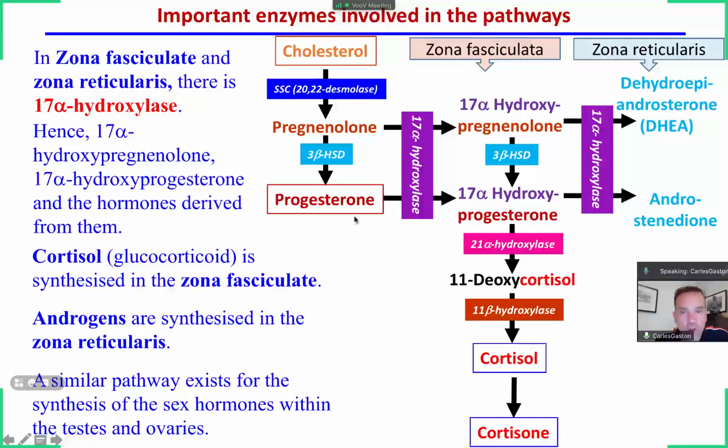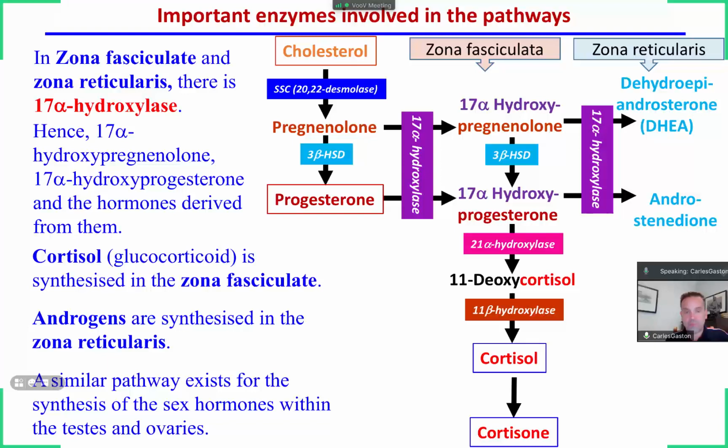Remember that in the other steps, they go to mineralocorticoids. In this step, there are further enzymes in these cells, which is 21-alpha hydroxylase.